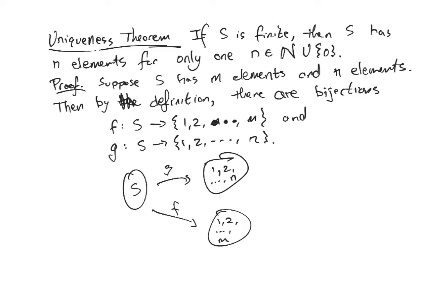What I actually want to do is look at the inverse. F inverse maps 1, 2 up to m into S. Now we're using something about functions that technically we haven't proved, but it's not hard to prove, and if you've seen it before, it's obvious. Injections have inverses, and the inverse of an injection is an injection.